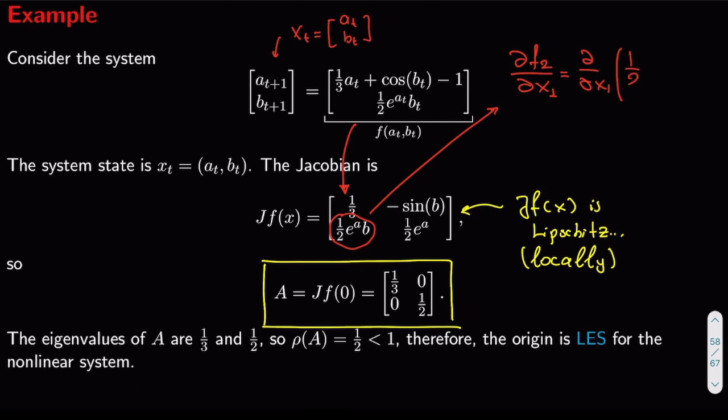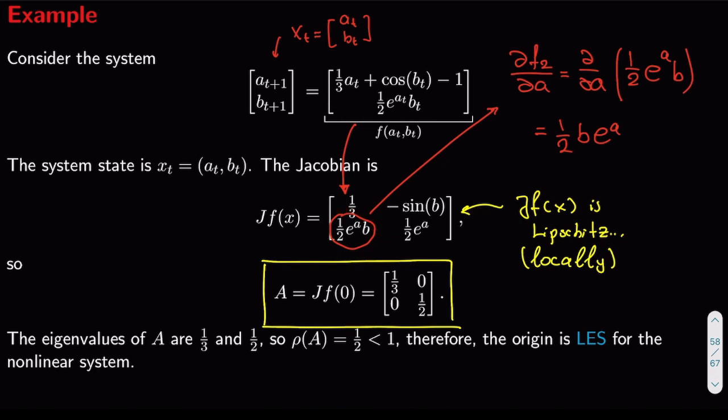Of 1/2 e to the a b. Actually, I wrote x1. I should have written a. A is my x1 here. So it is 1/2 b, and then e to the a has derivative e to the a. And that's why I have here 1/2 e to the a b.